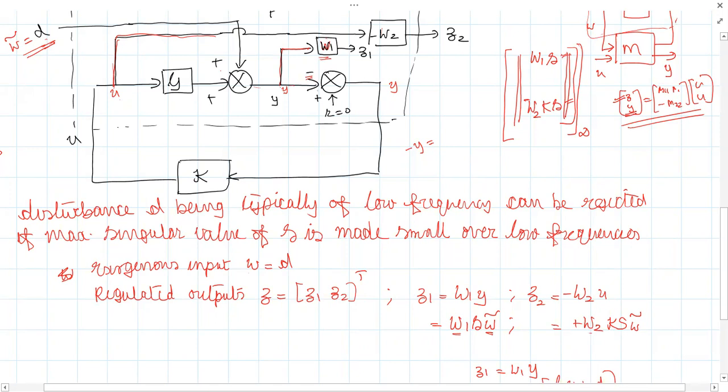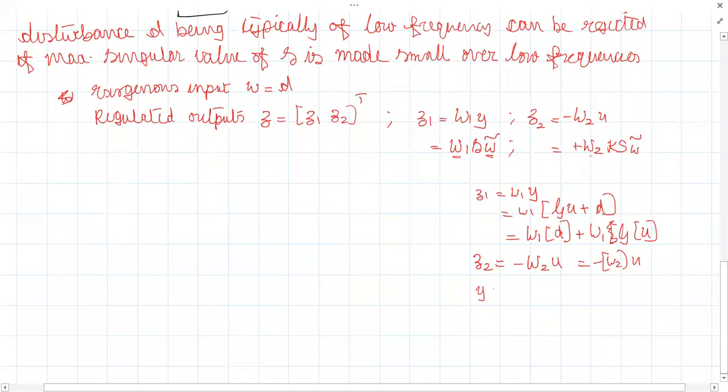So y must be minus d minus g into u. Are you getting me? Yes, sir. So I can write here y as minus d minus g into u.